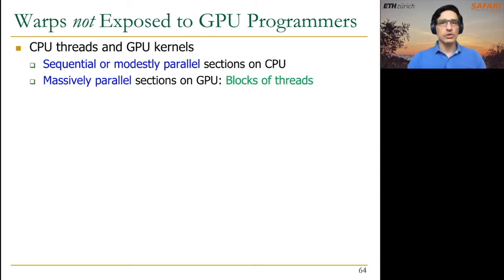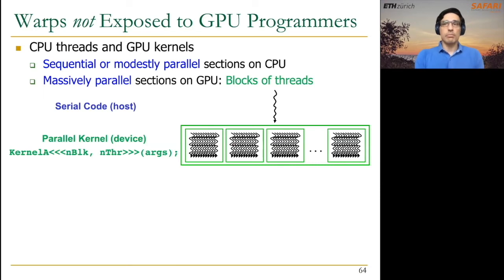How do we execute a program on the GPU? We will typically have, recall Amdahl's law, sequential or serial parts in our code, and we will have massively parallel parts in our code. So the serial parts are going to run on the CPU that we call the host CPU. The parallel parts are going to run on the parallel device, which is the GPU. This is a typical CUDA syntax when we want to launch a kernel or a function.